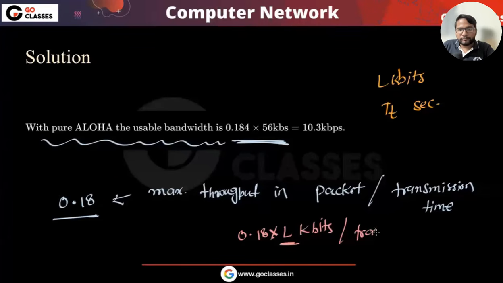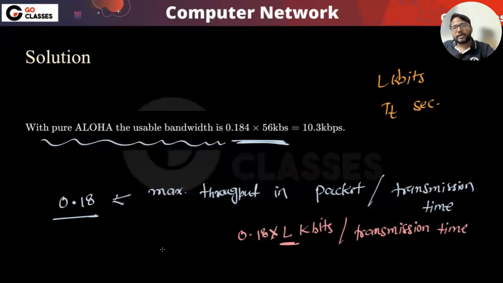Is this okay to everyone? I mean, you can understand it in this way also. If they give you the length of the packet, then you just multiply by the length of the packet, and you will say these many kilobits you are sending per transmission time. And the transmission time is also given, let's suppose TT seconds. Then in 1 second, how much will you be sending?